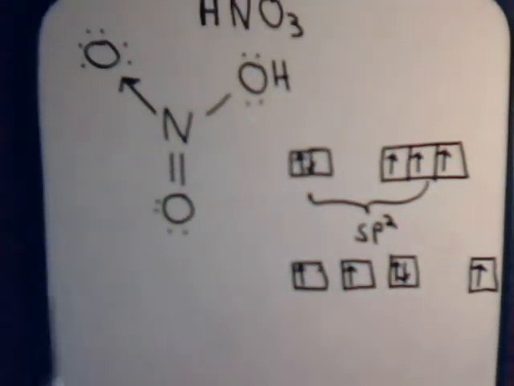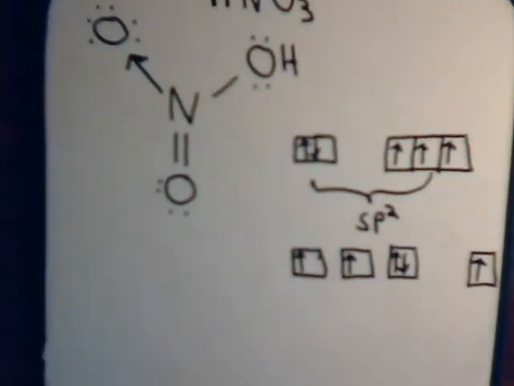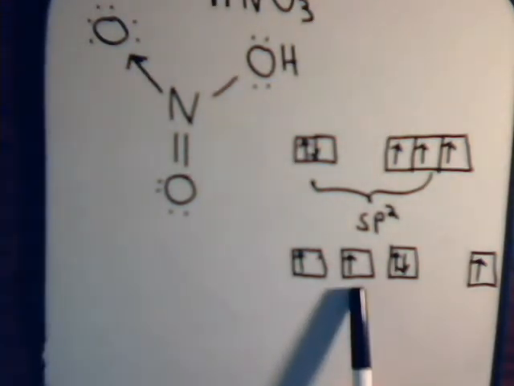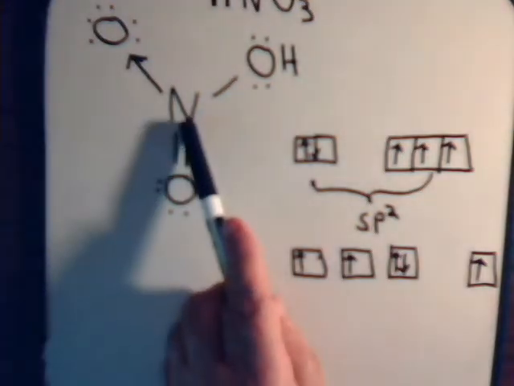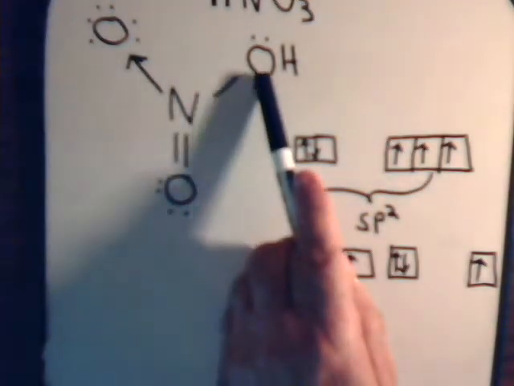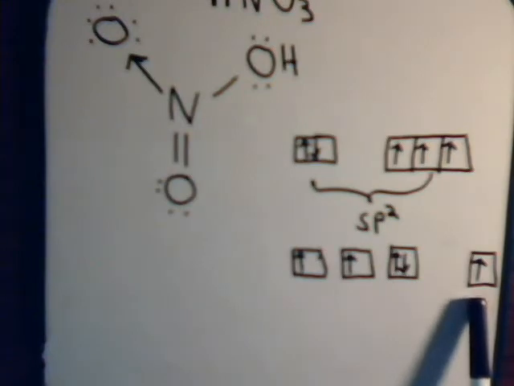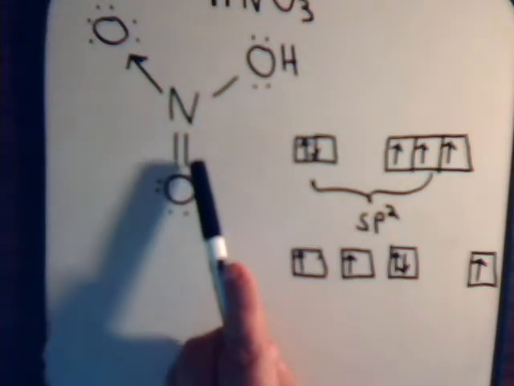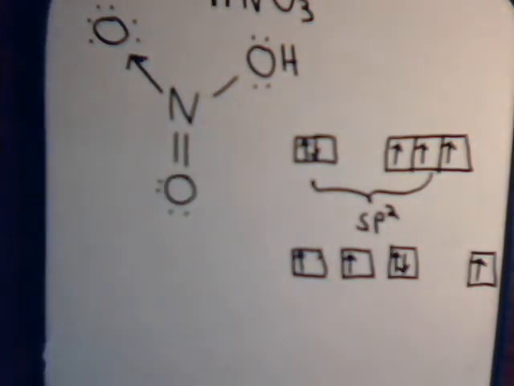Okay, now let's consider this oxygen. We see the nitrogen can form 1, 2 sigma bonds, which it does with this oxygen and with the hydroxyl oxygen, and it has a lone p electron that it can use to participate in this pi double bond with this oxygen.